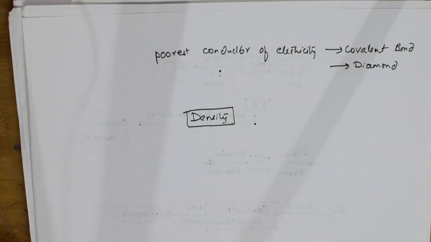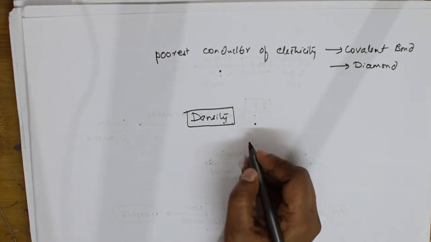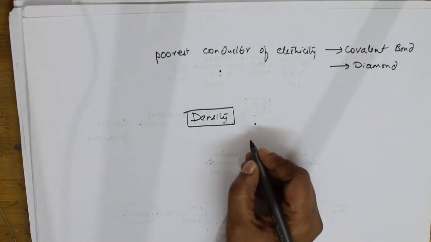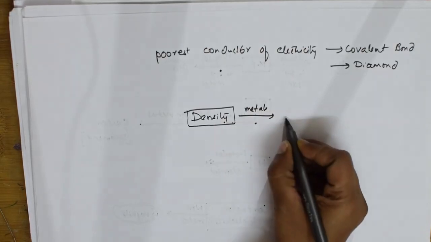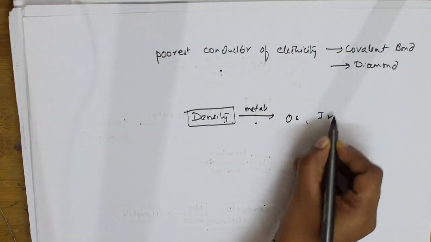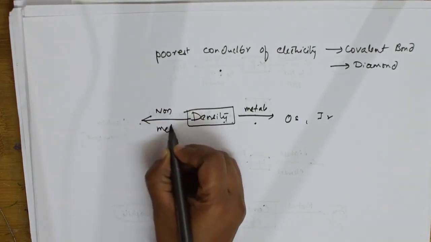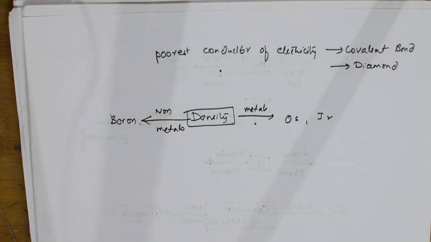The element which has maximum density in metals is osmium and iridium, and in non-metals, it is boron. Is it clear, students? Let's go to the next category.